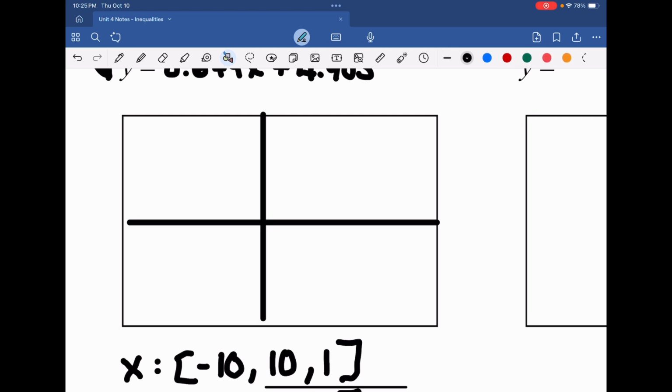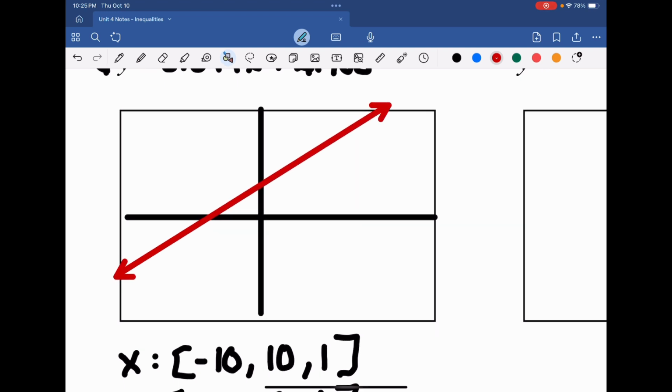Now what I'm going to do is sketch a boundary line here. On my boundary line, I know that it's going to be dotted because it was strictly greater than. So now I'm going to put a line representing the boundary line that is defined by this inequality. We need to make sure it's dotted. The reason it's going to be dotted, or not completely shaded in, is that we know it is strictly greater than.